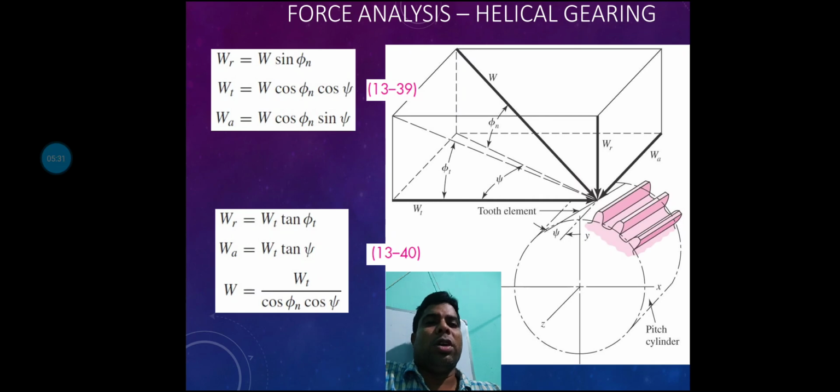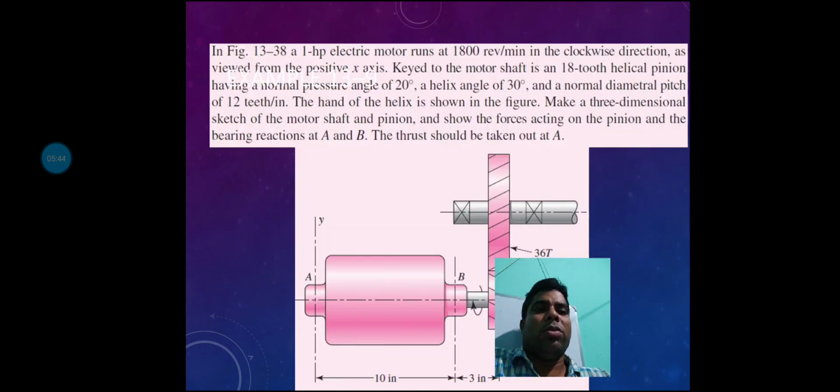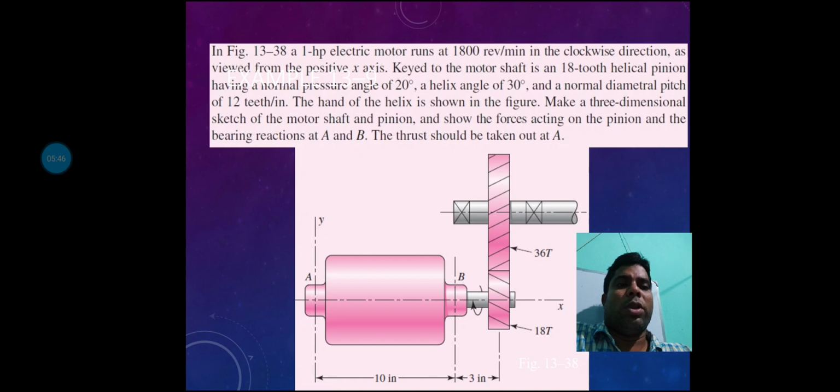That is how to get the different empirical formula equations, and if I put in all the values, we can get the result individually for the force system. And now this is one example problem of a helical gear, where the total loading system and total force can be distributed in such cases of the helical gearing system.